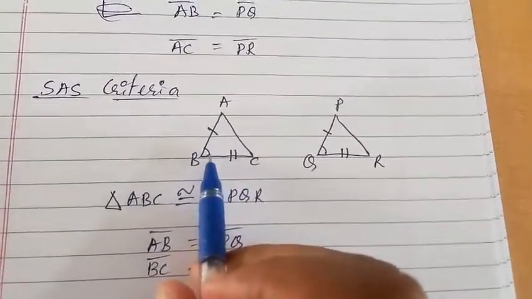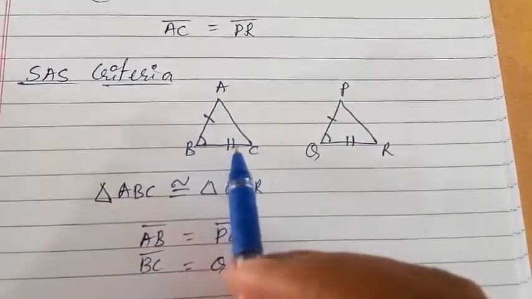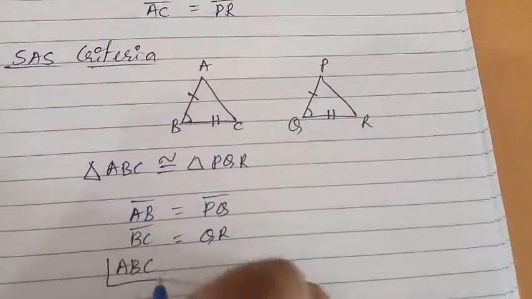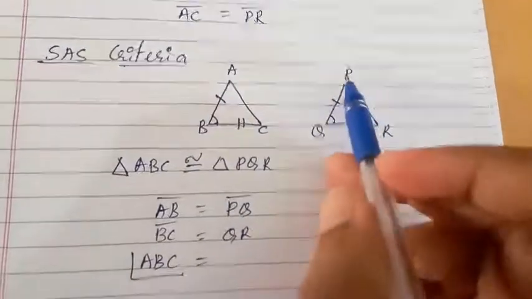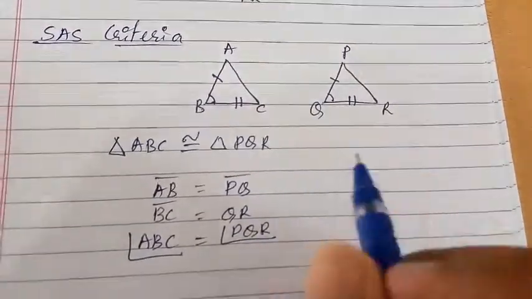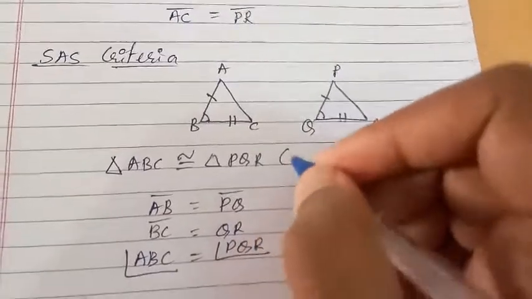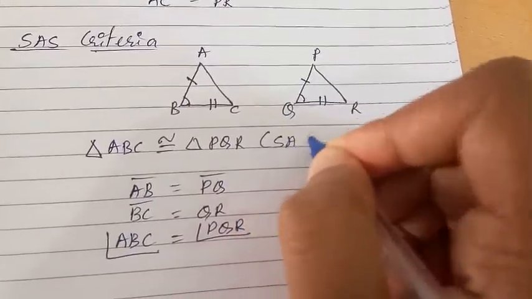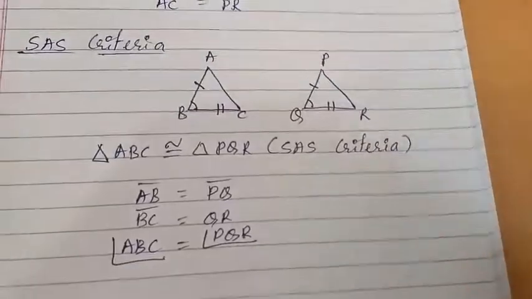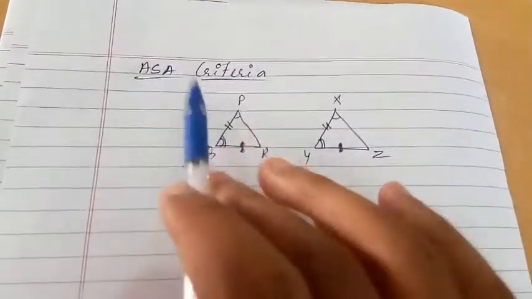And the angle is at B, you can write ABC or directly the angle. So angle ABC equals angle PQR. So that is why these two triangles are congruent. By which criteria? By SAS criteria.